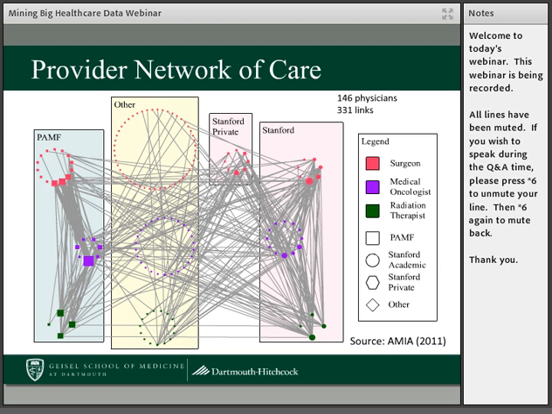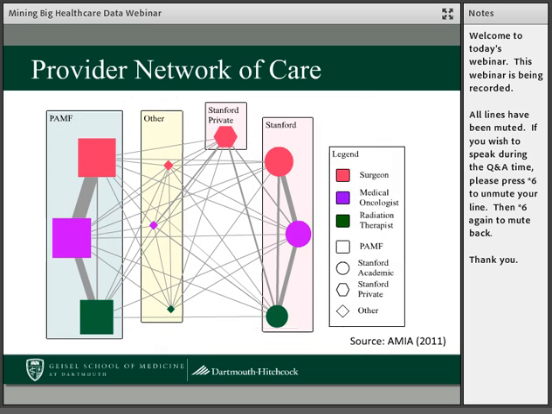So it's very exciting to use some of the big data techniques that exist out there, applying them to the healthcare data sets we have from our systems, and being able to look at population-level patterns of care. This one is interesting because it shows you the tightness of the network. If we create nodes which represent the entire surgical practice, medical oncology practice, and radiation therapy, you can see the connectivity.